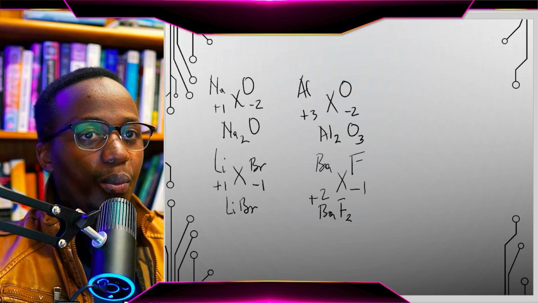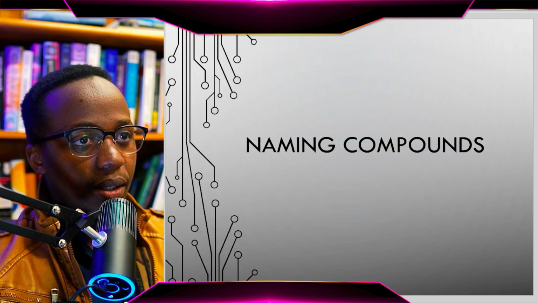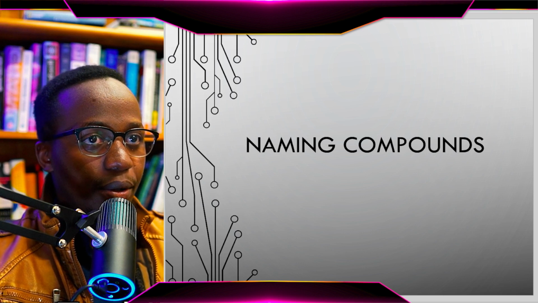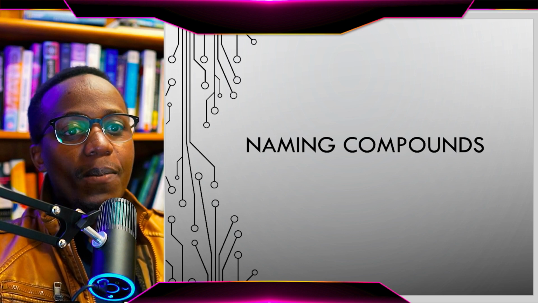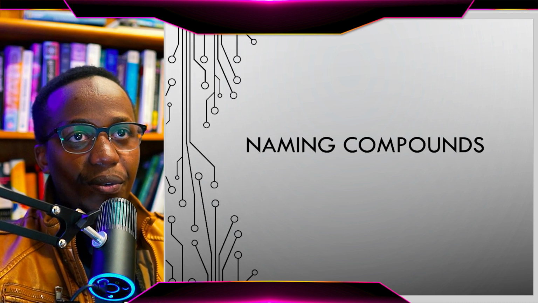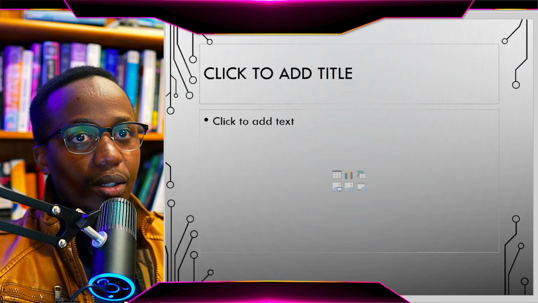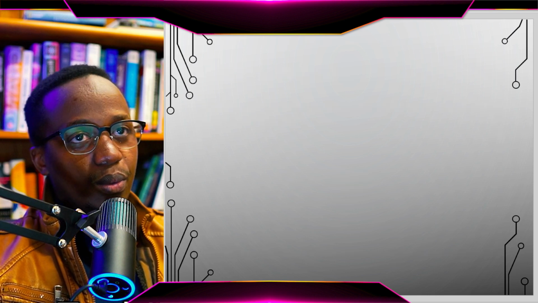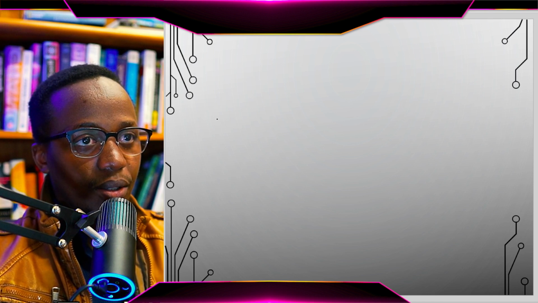Now that we're done with making formulas, let's go to naming these compounds. How do we name these compounds? All right, so this is where I go back and remind you that we have two types of compounds. You have ionic compounds and covalent compounds. So this is a reminder because it's going to be important.